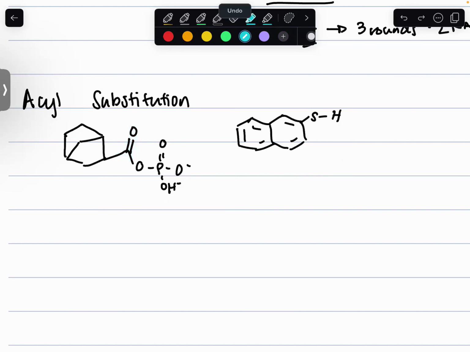So, requirements for acyl substitution. You need an ester of some kind, thioester, amide, ester, one of them. And then you need a nucleophile. So, first things first, our nucleophile is gonna get deprotonated.